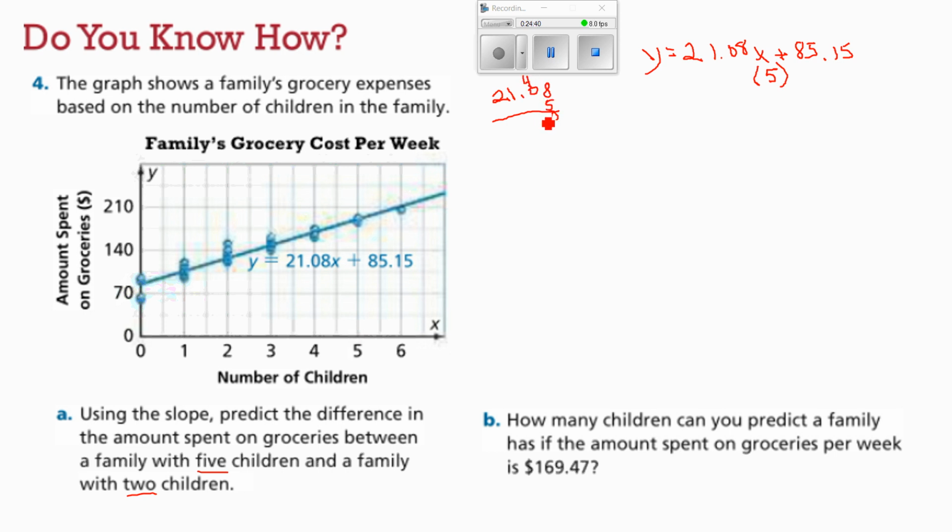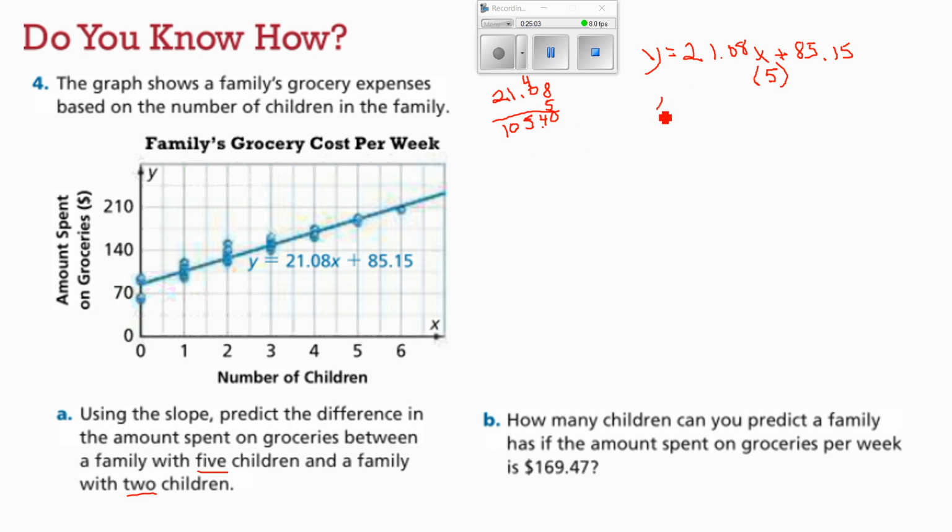That'll give me 0, so I'll put that 4 right back there. 1 times 5 is 5. And 2 times 5 is 10. I'll move my decimal 2 places. So that tells me it's $105.40.